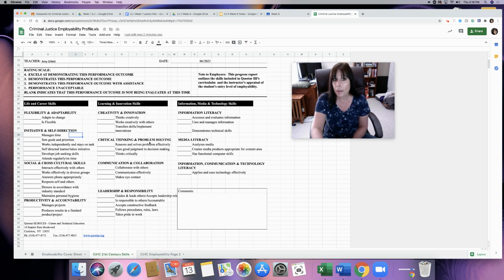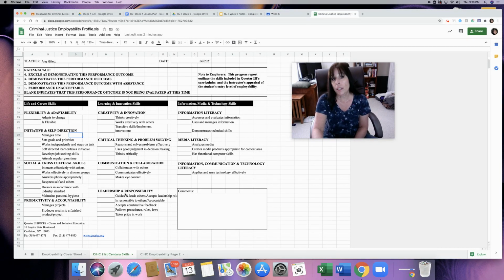critical thinking and problem solving, reasons and solves problems effectively, uses good judgment in decision making, thinks critically. Communication and collaboration, collaborates with others, communicates effectively, makes eye contact. I mean, we've been talking about a lot of these things, and honestly, some of these kind of overlap each other, I think.